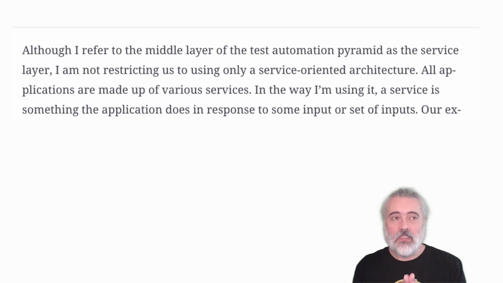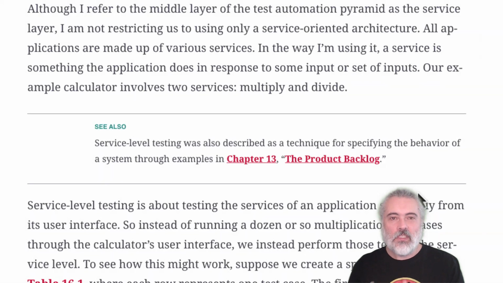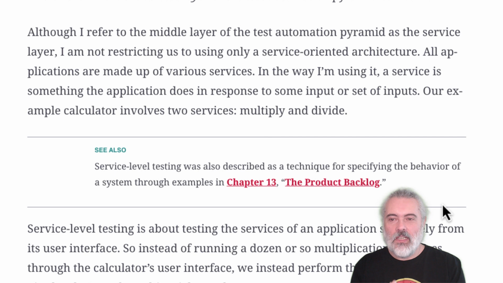It's a different interface into the application. We call it out as requiring specifically focused execution coverage because it's a different technology and has different risks and interfaces with the system in a different way. So though Mike Cohn here says, I'm not restricting us to using only a service-oriented architecture, people do create test automation pyramids that say API, integration test, and that's not really what this is talking about.